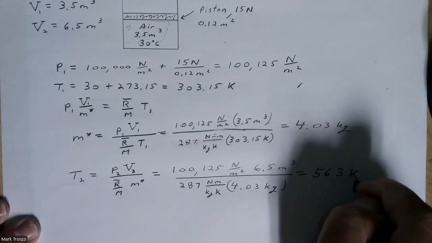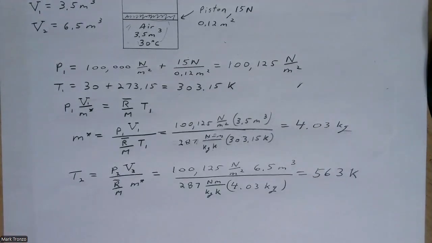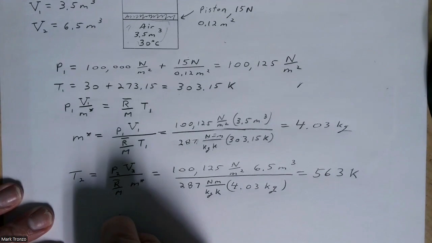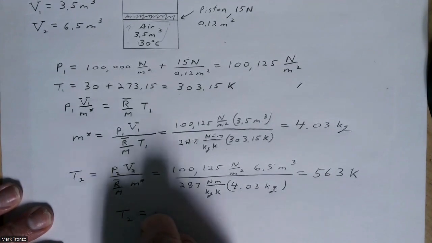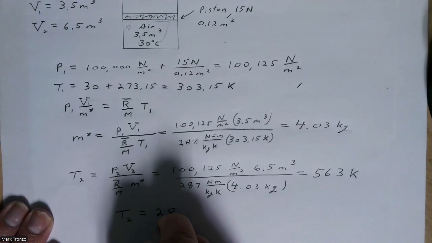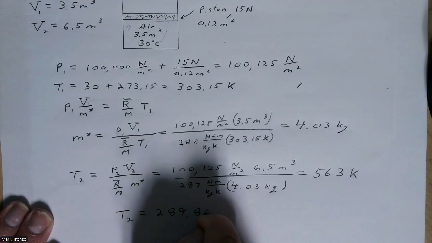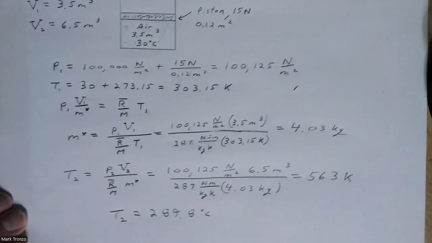So that's our temperature in K. And again, if you want to convert it to Celsius, T2 is going to be approximately 289.8 degrees C.